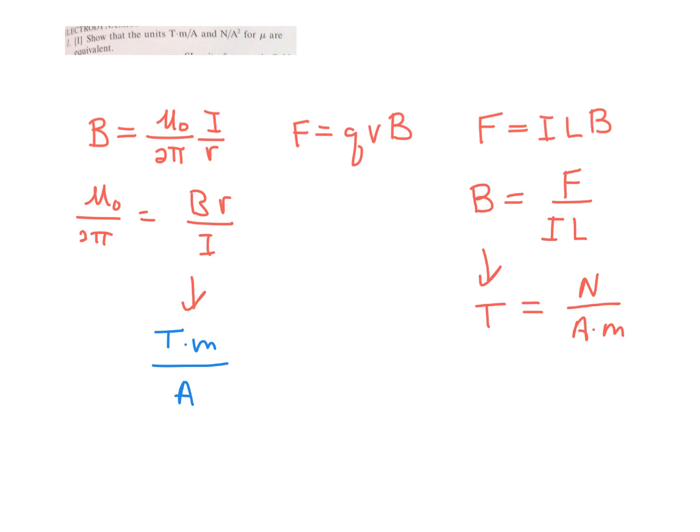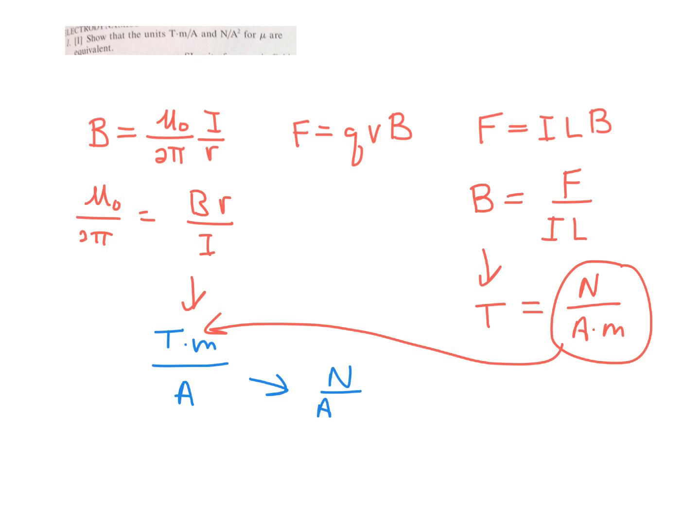All right. So now if I take that and plug it into the other equation on the left here, I think it falls right out. Basically, I'll have a Newton per amp meter times a meter divided by the amps.